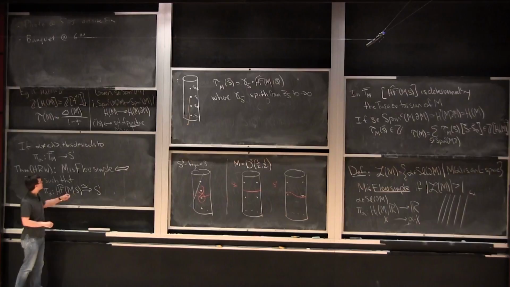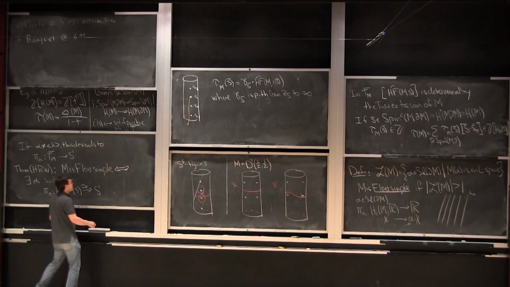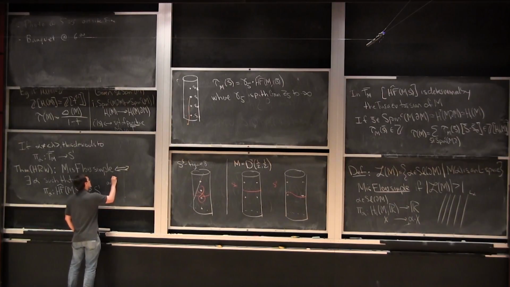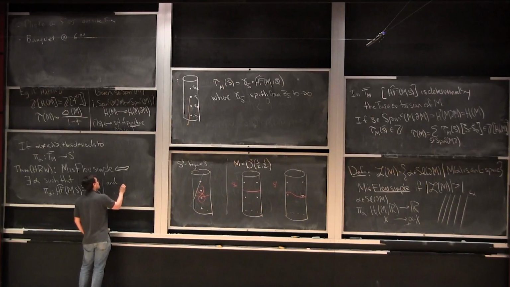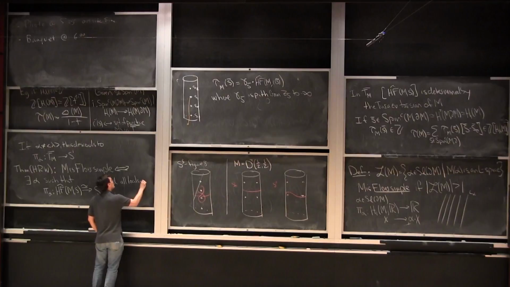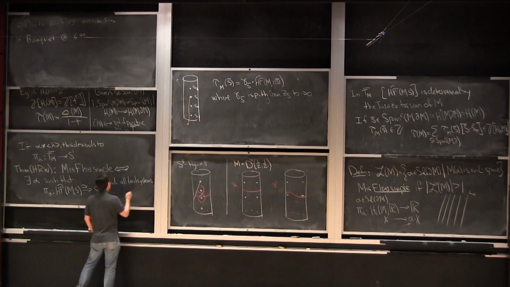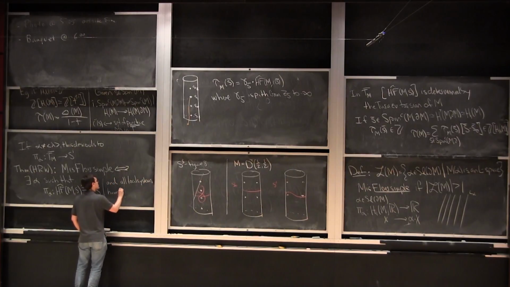So it's a nice bijection between here and S1. And I have to put the small print about local systems in. All local systems have dimension 1.